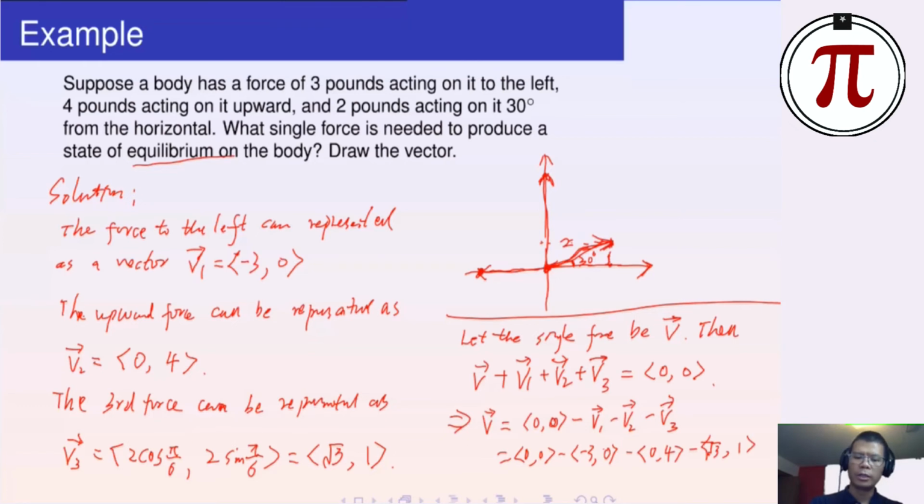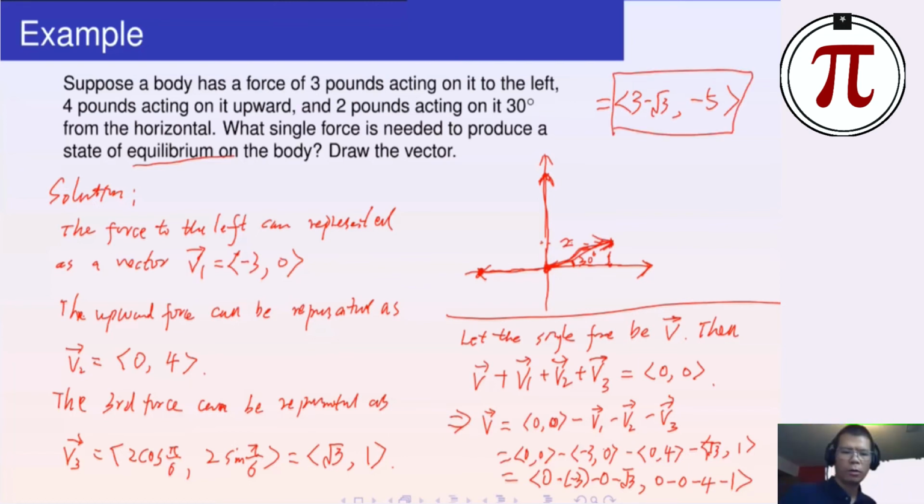For the x coordinate, it is 0 minus -3 minus 0 minus square root of 3, which is 3 minus square root of 3. For the y coordinate, it is 0 minus 0 minus 4 minus 1, which is -5. That is the answer for this one. Good.